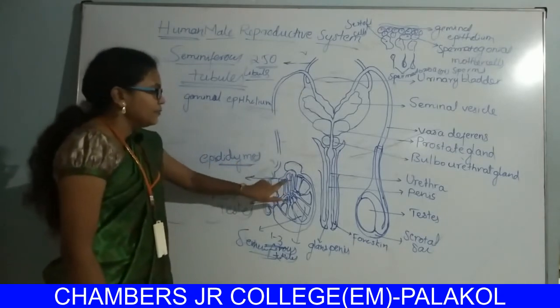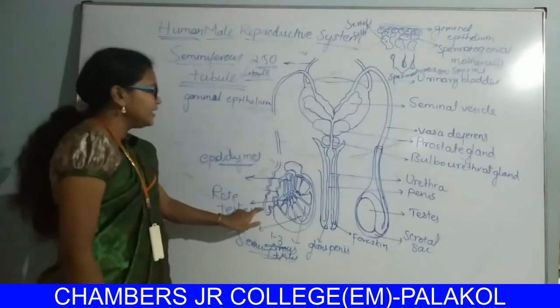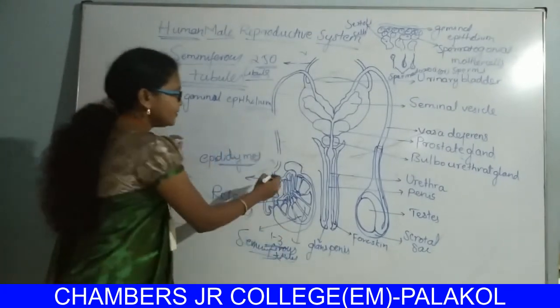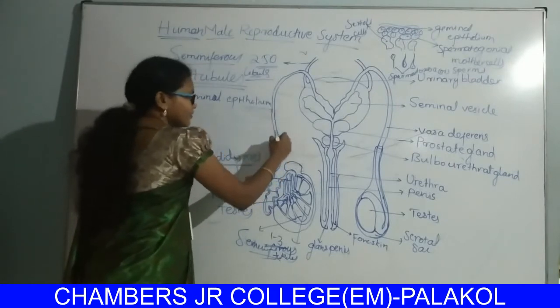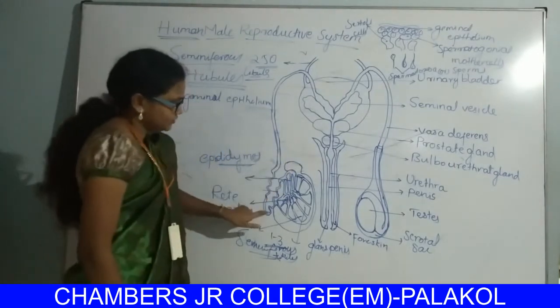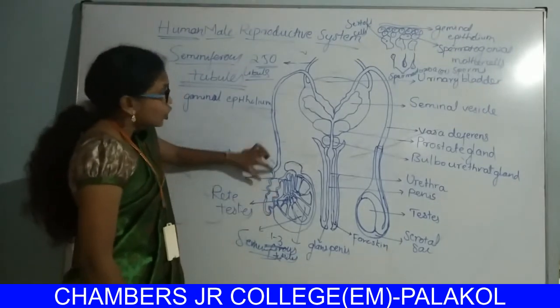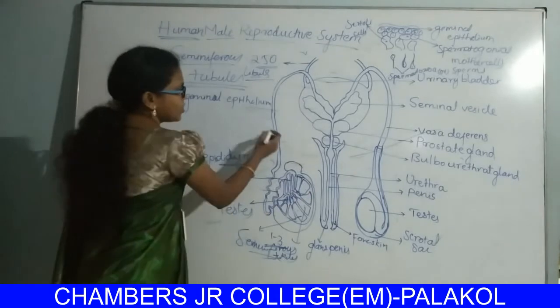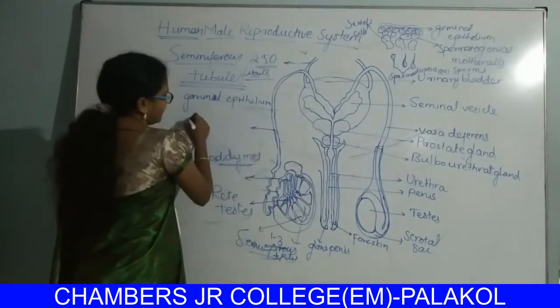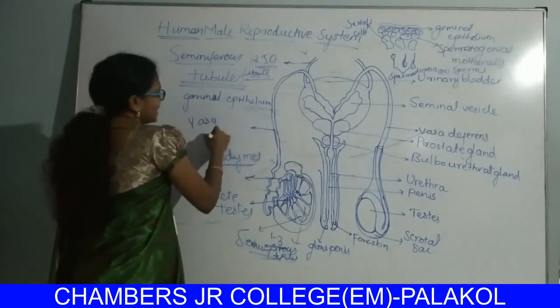This epididymis then opens into a long, narrow, highly muscular tube called the vasa deferens.